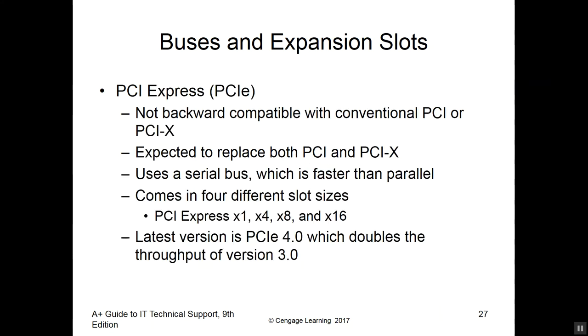Now PCI Express is not backward compatible with conventional PCI or PCI-X. It comes in 4 different slot sizes, X1, X4, X8, and X16. The latest version is PCIe 4.0, which doubles the throughput of version 3.0.